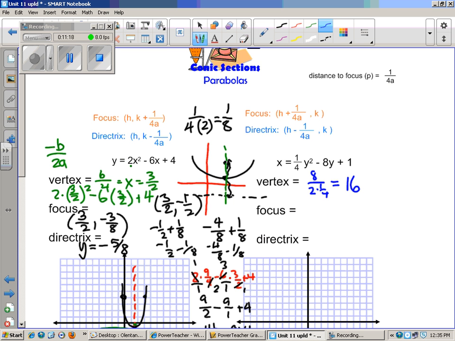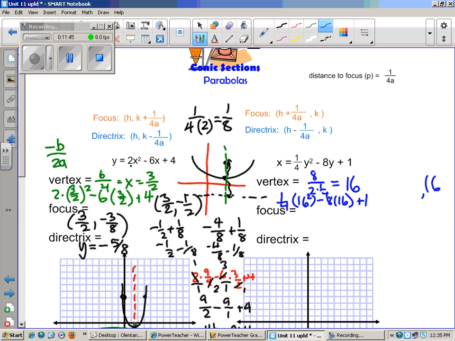All right, then I need to plug that 16 into the equation to get the x coordinate, because remember this is left to right, so I just found out what y was. So in the vertex, the y is going to be 16. So I get 1/4 times 16 squared minus 8 times 16 plus 1.